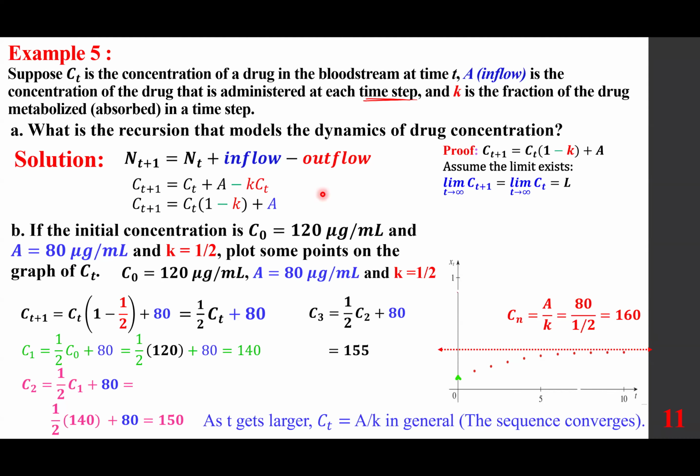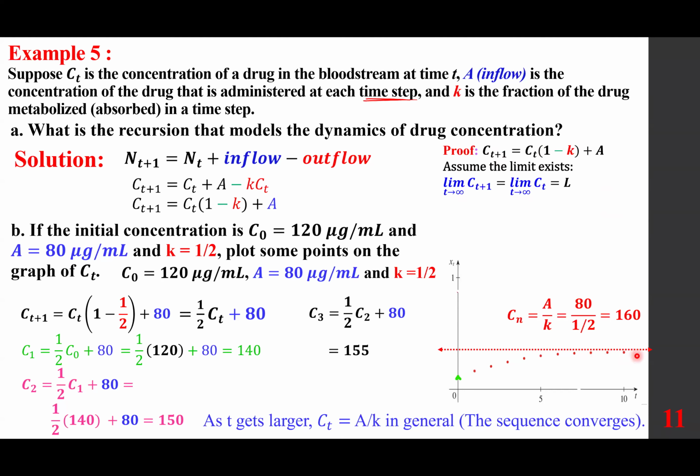We look at this one and we put it here. C sub t plus 1 is C sub t times 1 minus K plus A. So as t gets larger, that means t goes to infinity. Assume the limit exists. The limit of this as t goes to infinity is the same as the limit of this one as t goes to infinity. And at some point, things don't change.